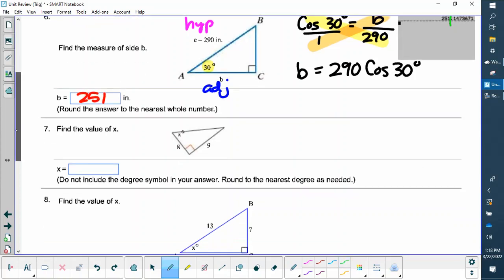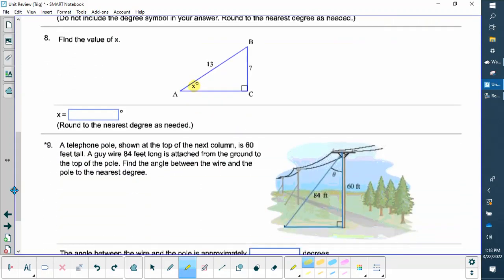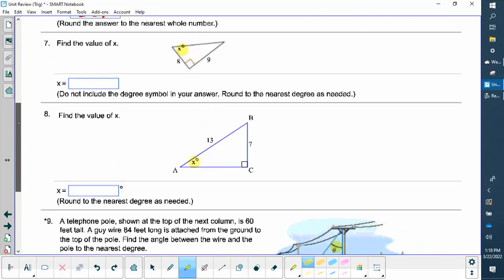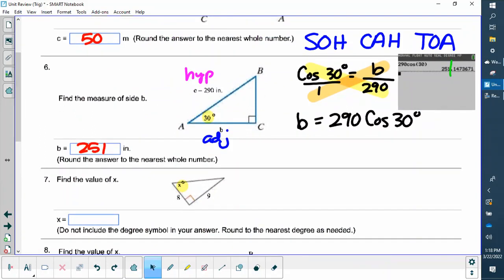Okay, down to problem 7. All right, these next 3 problems are different. The last 3 problems I was looking for sides. You'll notice the next 3 problems, even though it's in story problem format, I'm looking for angles. But I am still going to use SOHCAHTOA. So I'm going to pull this down.